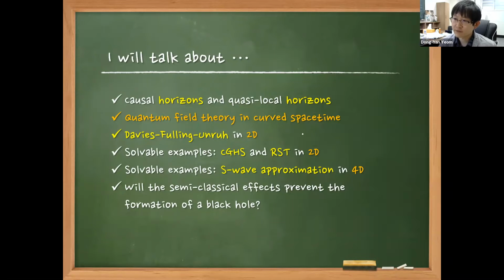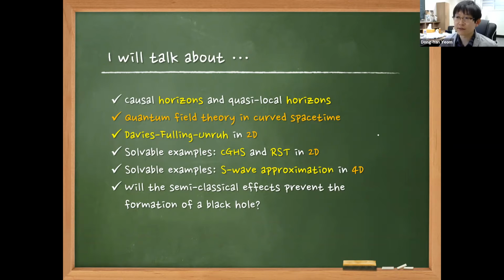So first, once I introduce the horizons, then I will show the principles. Basically, we have to solve the Einstein equations to see the back reactions. But what makes the back reaction to the black hole? What makes the incoming negative energy flux to explain the evaporating black holes?